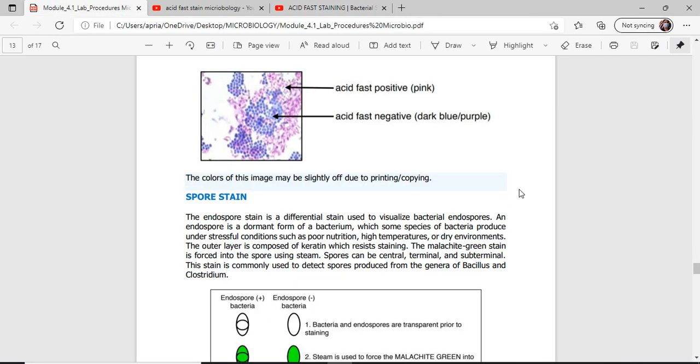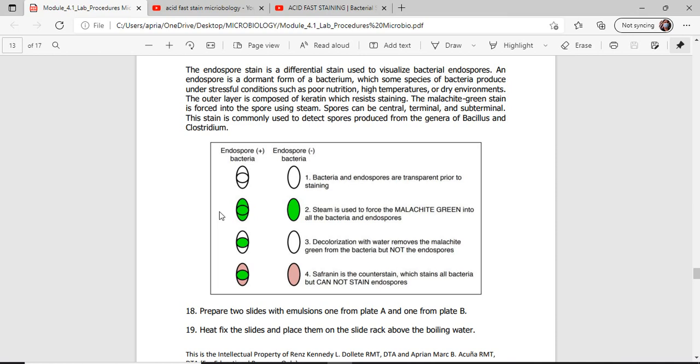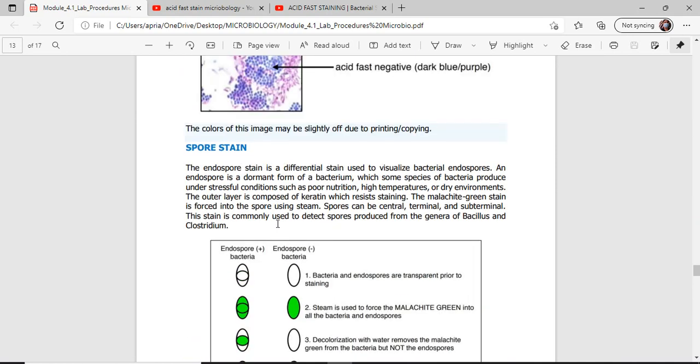Okay, here, in our spore stain, this is rarely performed in the laboratory, not even in our school, when we perform it, why? Because when you're talking about spore-forming bacteria, they are highly pathologic and very dangerous.